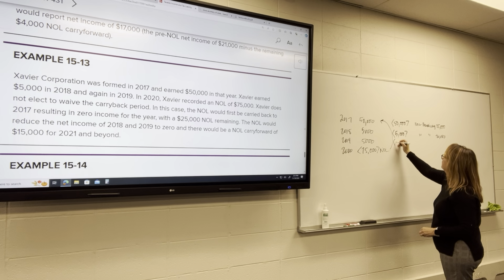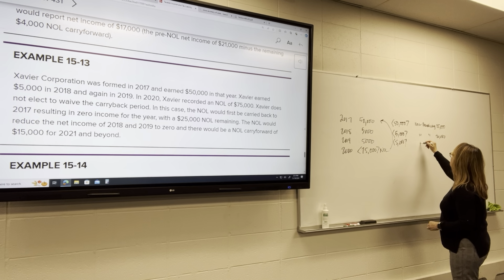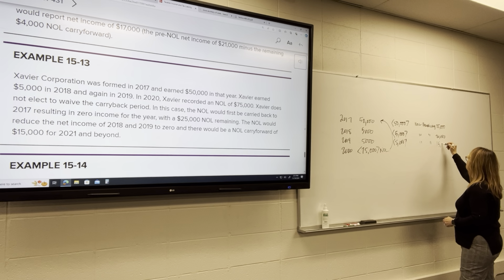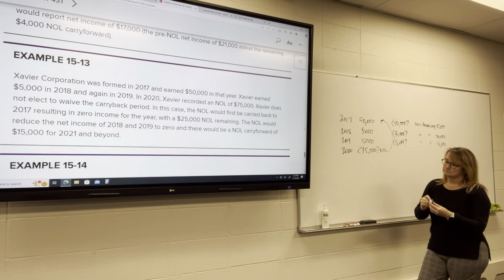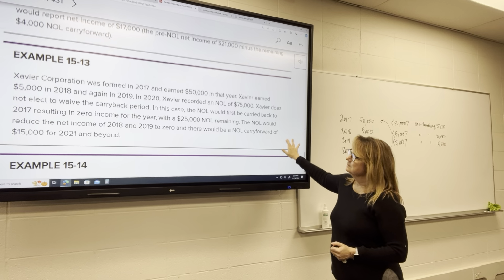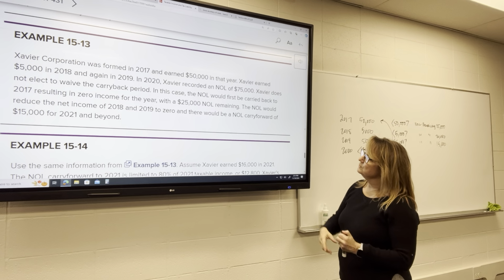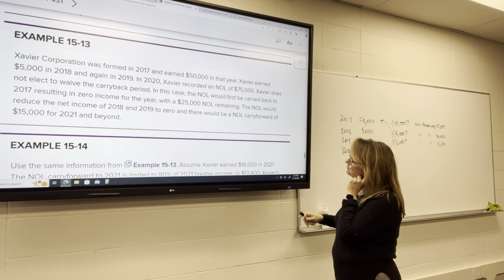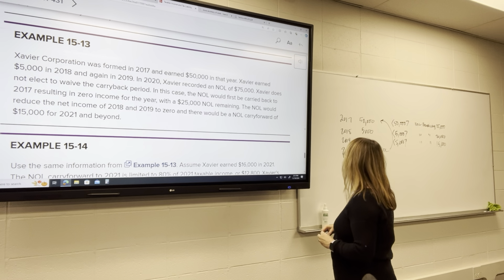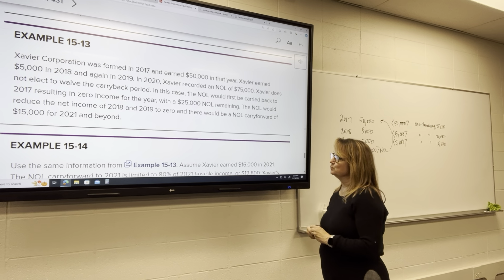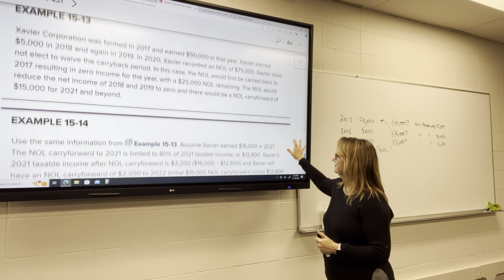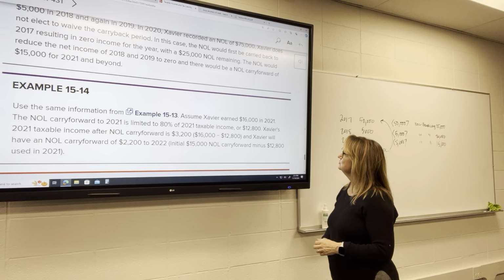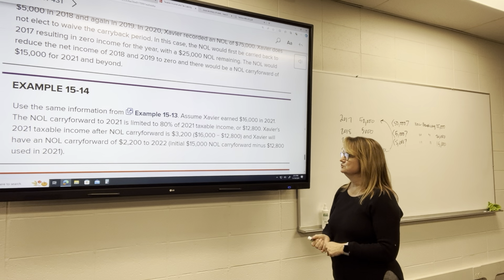Then 5,000. 15. The NOL would reduce the net income of 20 to 0. NOL carry forward of 15,000 for 2021 and beyond. Now, let's assume that they earned 16,000 in 2021.